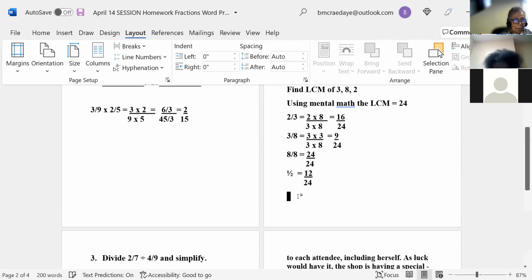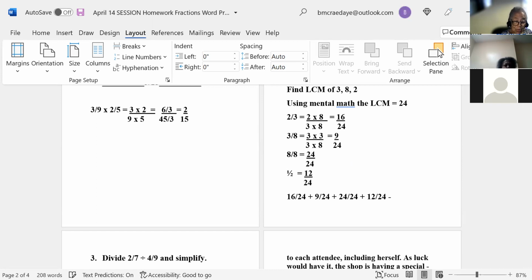Because now you have them all over the same denominator: 16 over 24 plus 9 over 24 plus 24 over 24 plus 12 over 24. 61.